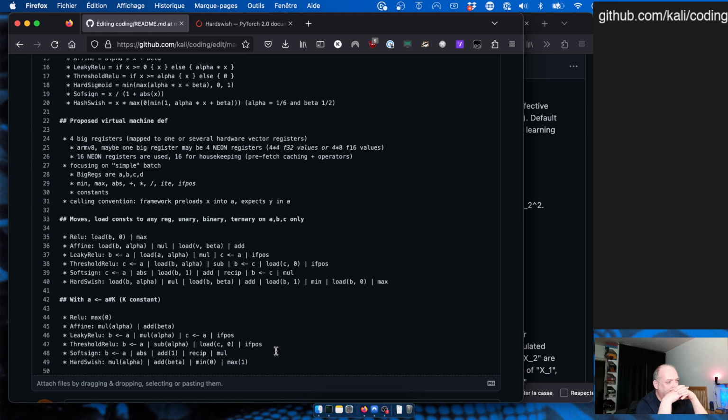I'm not sure. But here we have a language which is pretty compact, which is nice. We have this guy, which is a bit of an oddity now. Do we want to keep the load to any register, or do we say that loads always go through A? That would be a bit cumbersome, I guess. So yeah, we can keep the load because I'm not sure if we are going to encode this, but yeah, we can probably find a nice way to encode this.